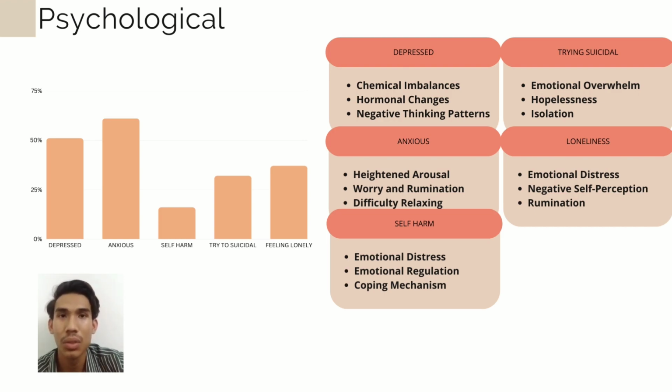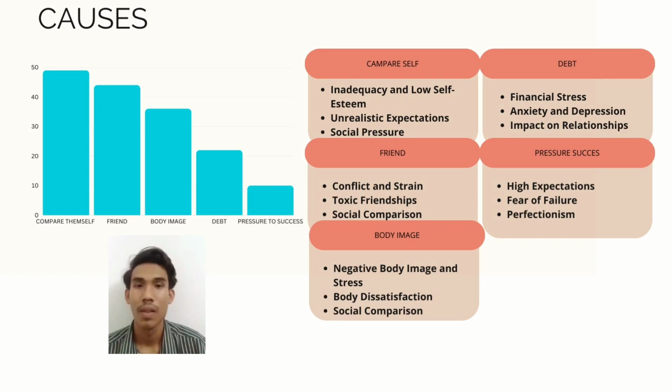These negative thoughts can contribute to stress and anxiety. And the last one is rumination. Lonely individuals may engage in rumination, which involves repetitive and negative thinking about their loneliness and social isolation. Rumination can increase stress and exacerbate feelings of loneliness.